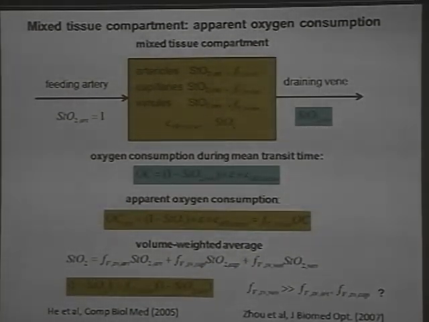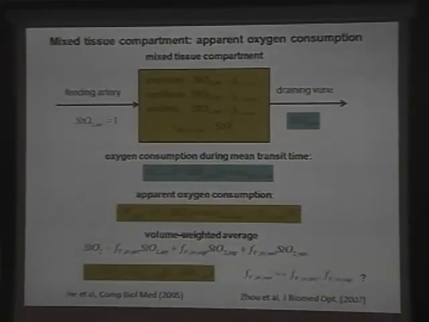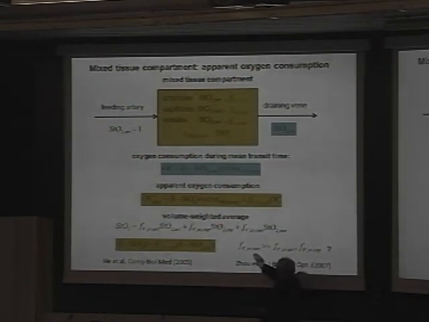So the oxygen saturation in tissue is given as a volume-weighted average over the saturations of the three small vessels. And there are reports in the literature that the fraction of the small veins is considerably larger in volume compared to the arteries and the capillaries.